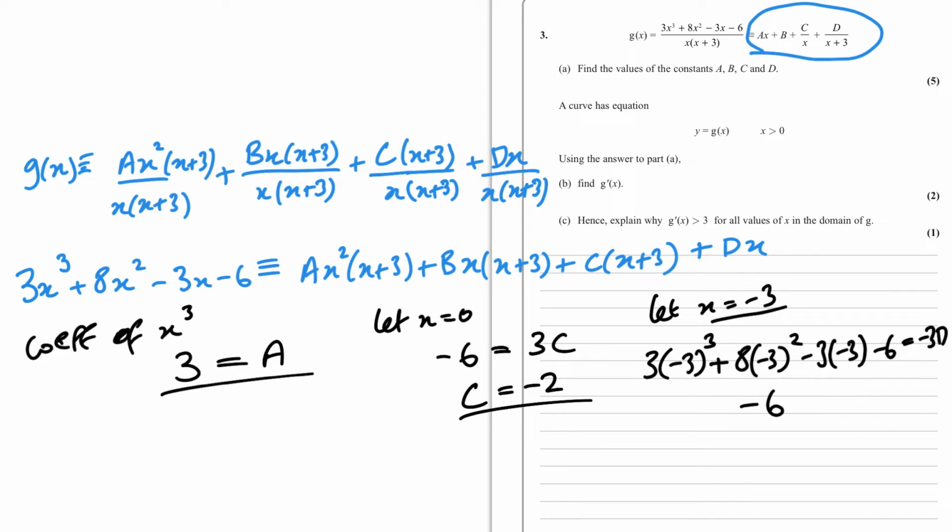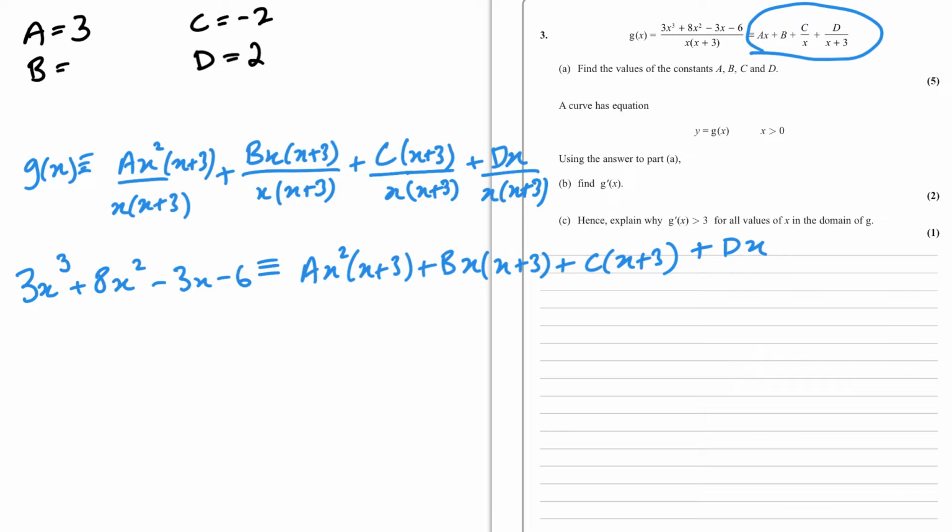That gives me minus 6 on the left is equal to minus 3d, so d is equal to 2. And now I've got a, c and d done. Now all I've got left is to find b.